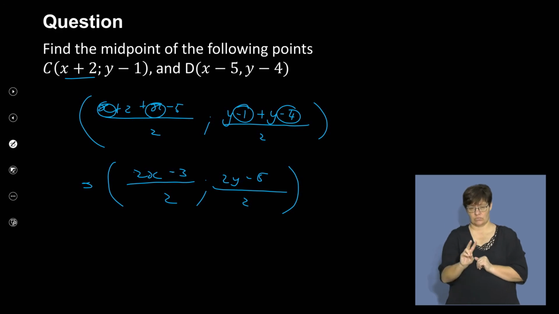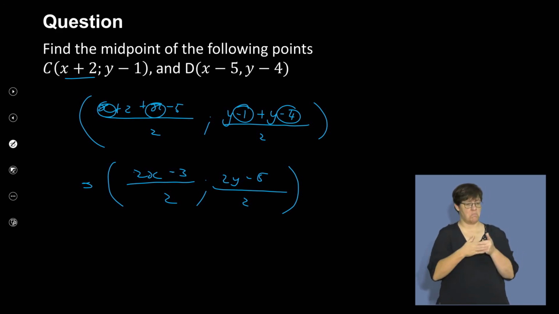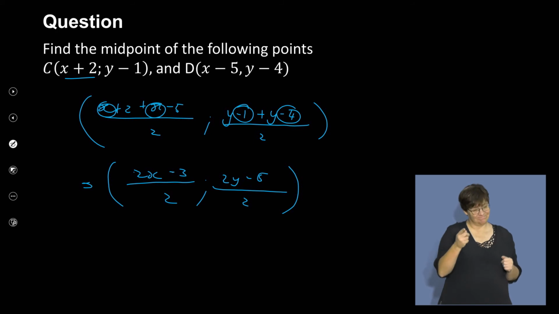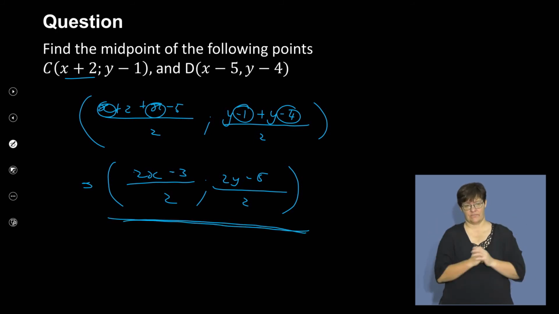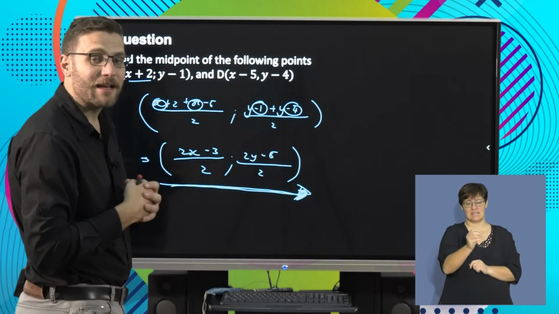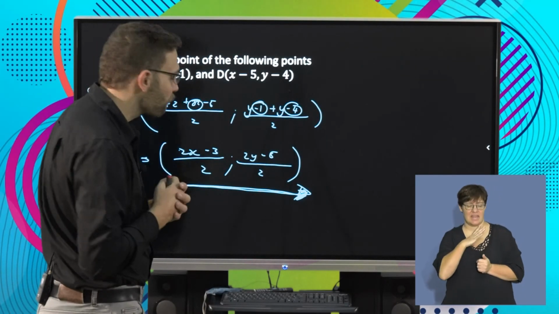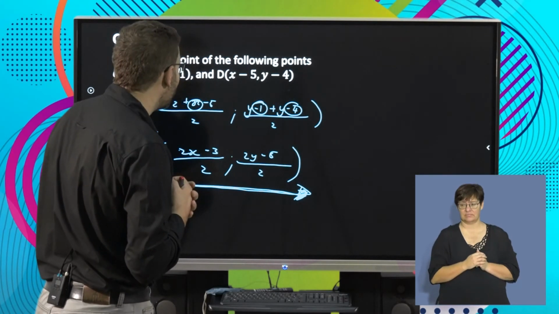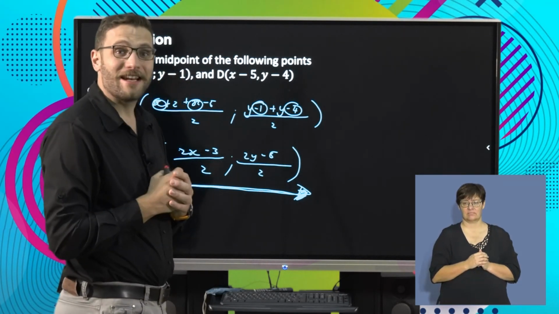At this point, I can't simplify it any further, so this is how I'm going to leave my answer. That there is the coordinate points of my midpoint. Sometimes I'm going to end up with a nice answer, sometimes I'm not. Here I don't, and that's fine. Okay, cool. Let's get into the next question.